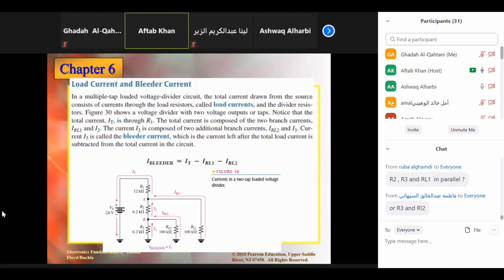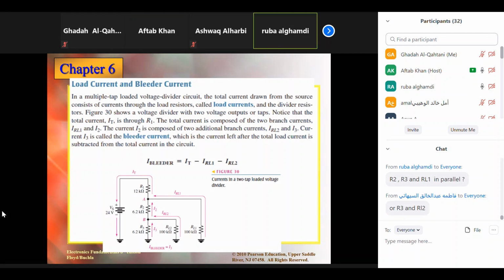Okay. Ruba, why do you think R2, R3 and RL1 are in parallel? I don't know. Maybe because they are. Then who will know if you do not know? The one who is not studying electronics can tell. You should tell. You have studied already. There must be some logic if you are saying it. So what is that logic?